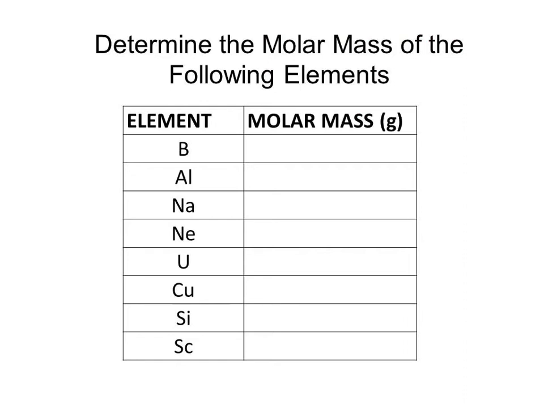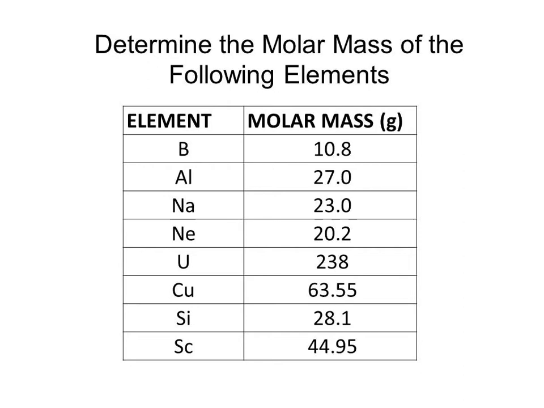So I want you to write down the molar mass in grams of all these particular elements here. Look these up, and then write the particular molar mass here. You should stop the video now and do the exercise. When you are ready to reveal the answers, start the video again and I will give you the answers. So stop the video now.